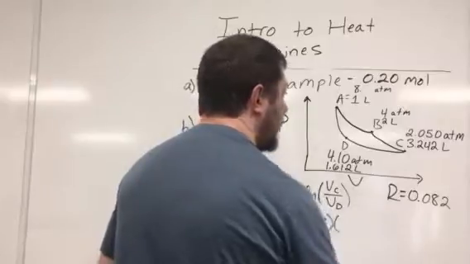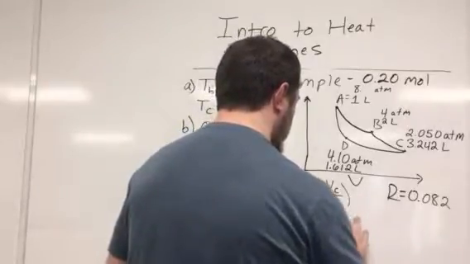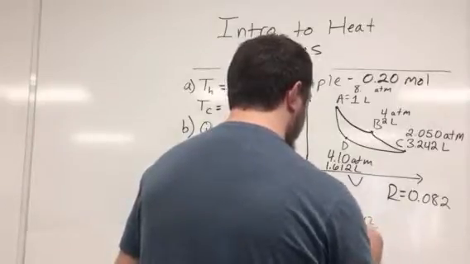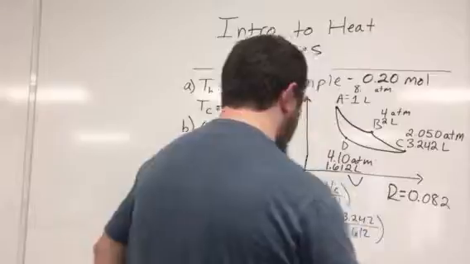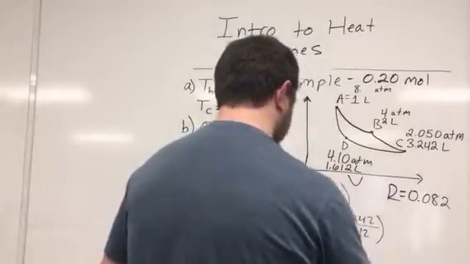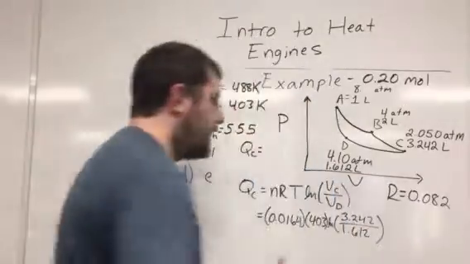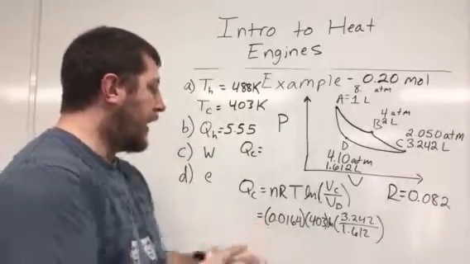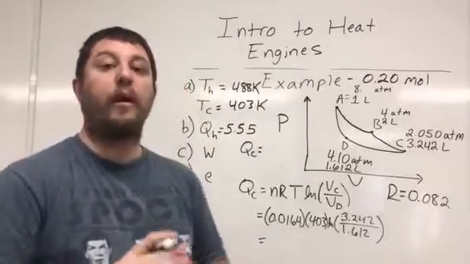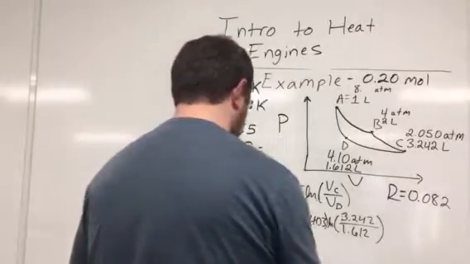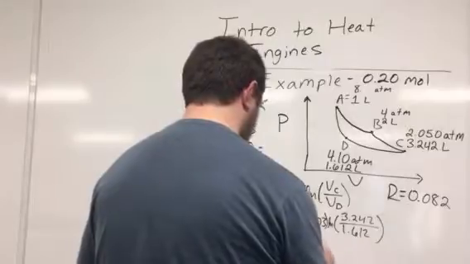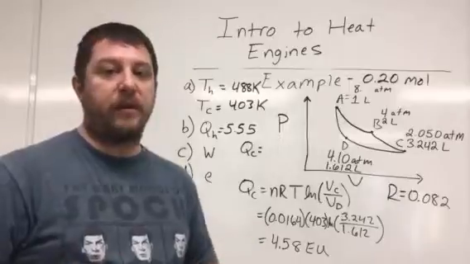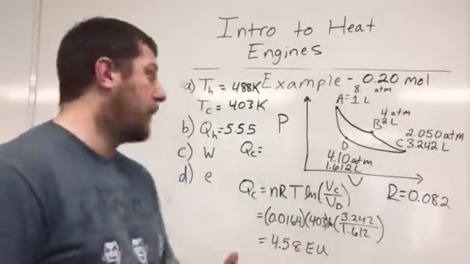VC, so this is going to be 3.242 divided by 1.612, and this is the log. Okay, so now if I run these through my calculator, I get right around 4.58, right? And again, that's 4.58 energy units, whatever these units of energy are, right?